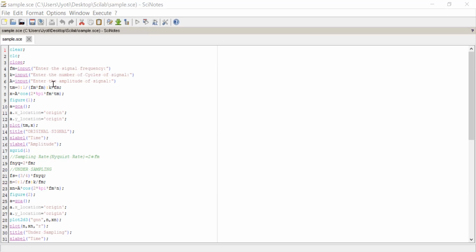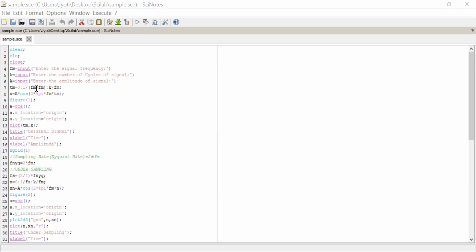Then the last value of the time is k divided by fm, where k is the number of cycles in the signal and fm is the input signal frequency. This Tm indicates the time along the x-axis: the starting value is 0 and the ending value is k divided by fm. How many steps you have to take is given by the step 1 divided by fm star fm.